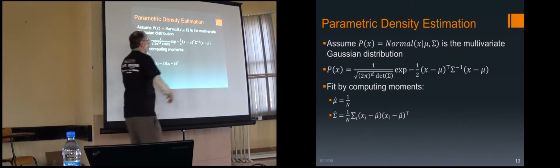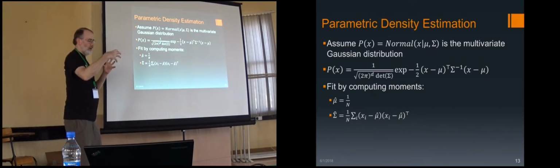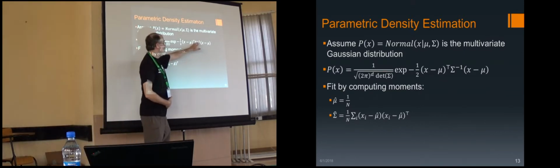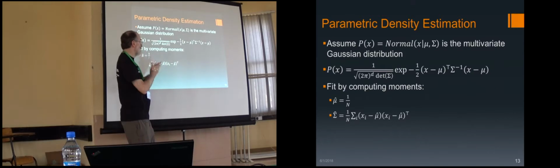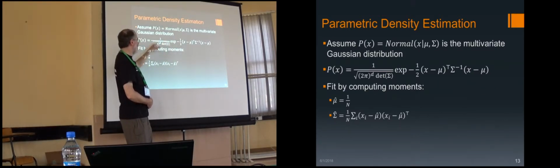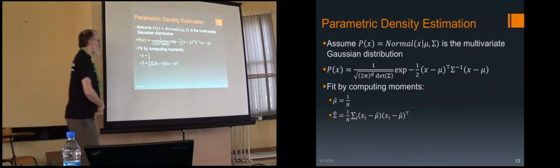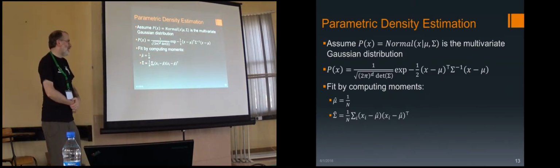We can think of the inverse covariance matrix as squeezing and rotating the distances, kind of like a distance metric that takes these differences and rotates, normalizes, and rescales them. And all this mess up in front with the determinant of sigma and 2 pi to the d is just to make sure that this integrates to 1. I always have to look it up on Wikipedia. I hope I got it right here.